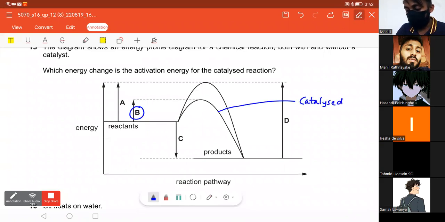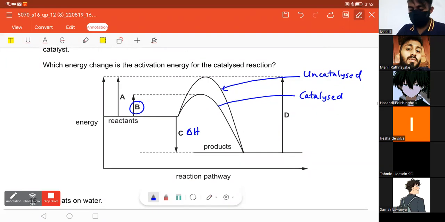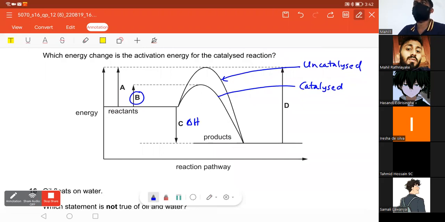This is catalyzed. This is uncatalyzed. Lamai, what is C actually? C looks like delta H, right? Is this an exothermic or endothermic reaction? Why exo? Because the reactant energy is higher than the product energy.